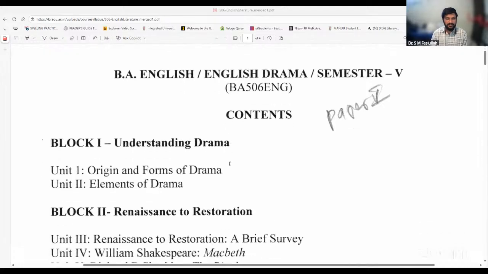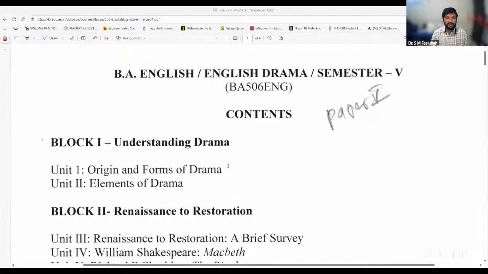And then we also have elements of drama. That is, what are the different components within a drama that makes it a unique or a different form, that is drama. So these are some basic concepts that are introduced in the first block.